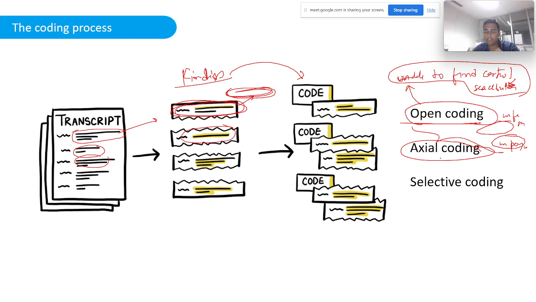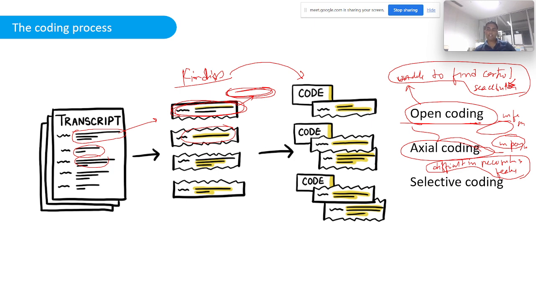So probably the axial code can be difficulty in recognizing features.